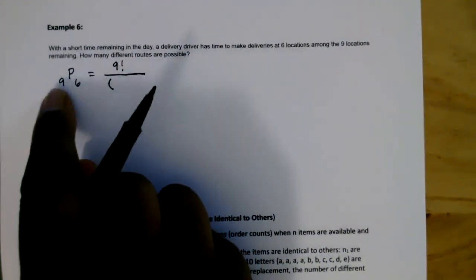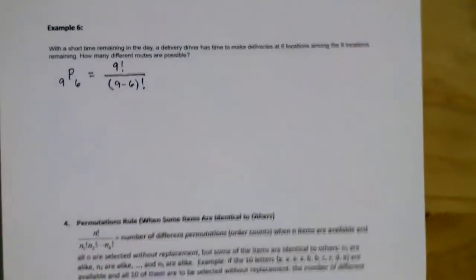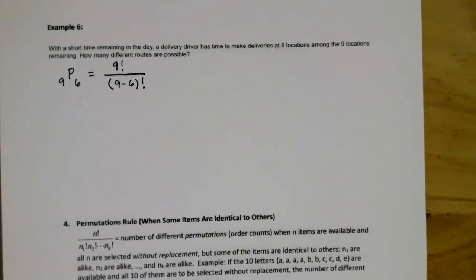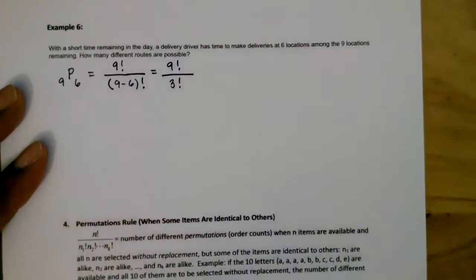That'd be 9 factorial divided by the difference of n minus r, 9 minus 6. And that difference is going to be factorial as well. Okay, if I do 9 minus 6 in the parentheses, I'm going to get 3. So this will be 9 factorial divided by 9 minus 6, which is 3 factorial.